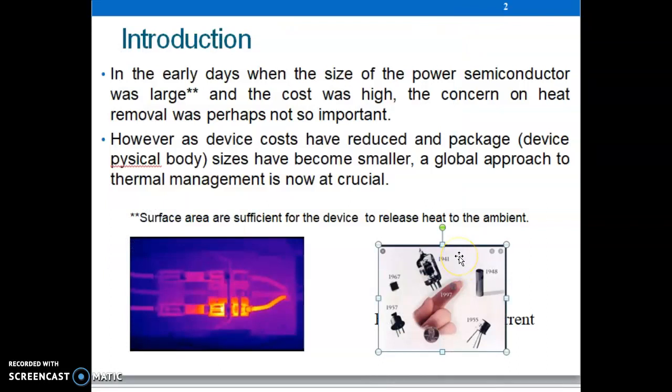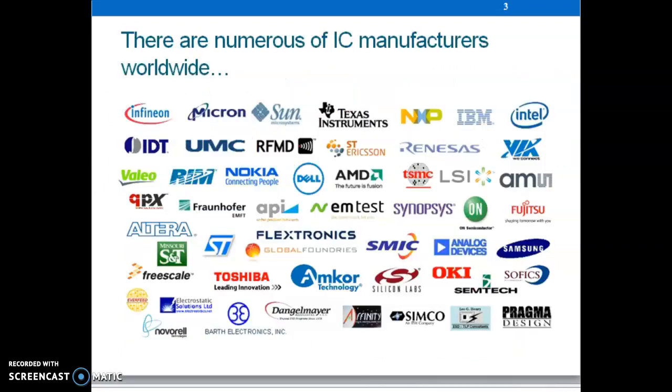So as you have learned in other subjects, when current passes through a conductor, it will emit some energy as losses to the ambient. In current days, the device is produced using surface mount technology, SMT.